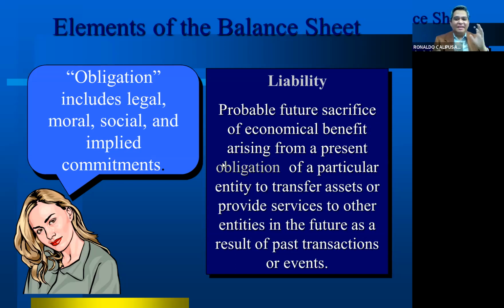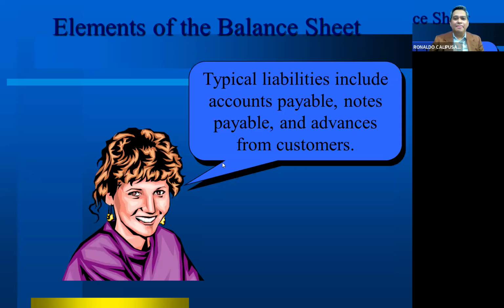In our case, the company that is receiving the raw materials and the supplier that is delivering the raw materials. Any questions so far on the assets and liabilities? This is just a refresher of the concept that we discussed on the accounting equation.